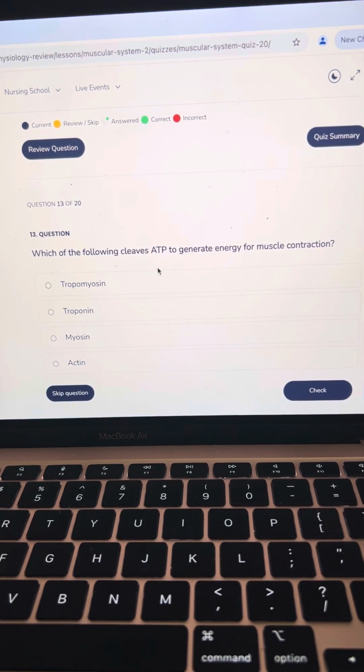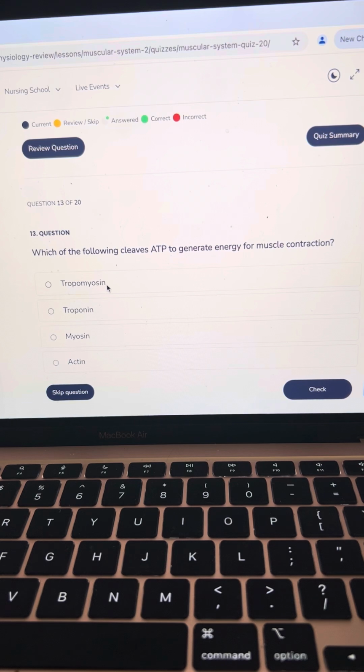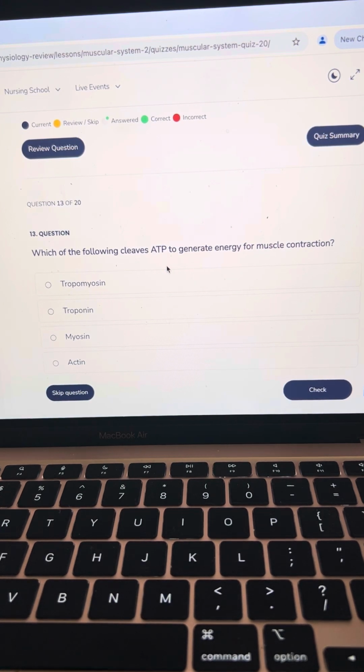Which of the following cleaves ATP to generate energy for muscle contraction? Cleaves ATP. Oh my goodness, that's a good question. I don't know if I'm gonna get this right. It cleaves ATP to generate energy.